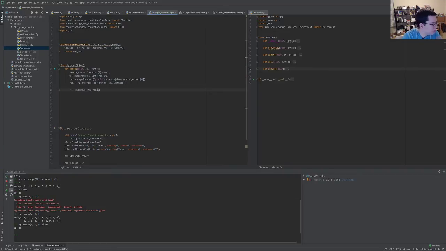So np.repeat is just going to make it repeat itself along whichever axis I give, twice along axis equal to 0. That should work. Yeah, that'll work.